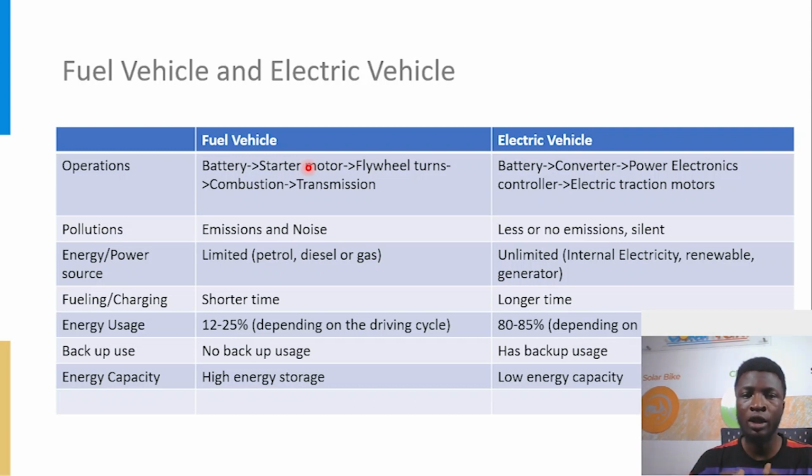Examples are the induction motor or the permanent magnet motor. Although we have the brushless DC motors, they are not mostly used in electric vehicles, but in electric bikes.